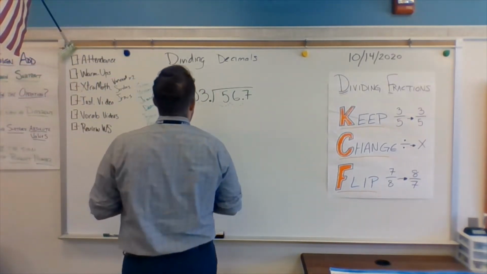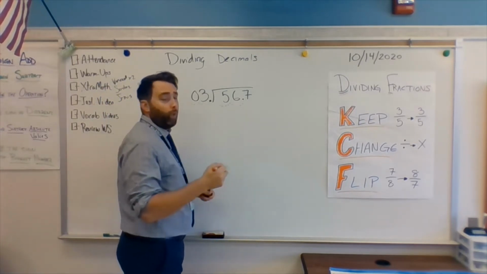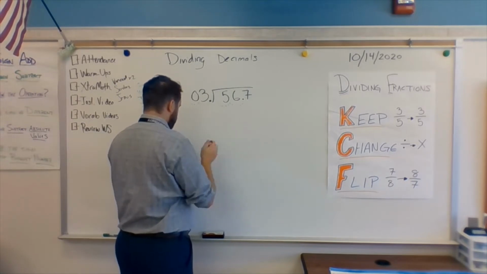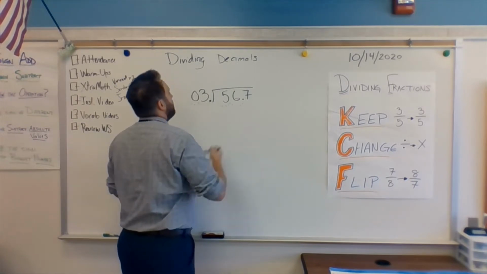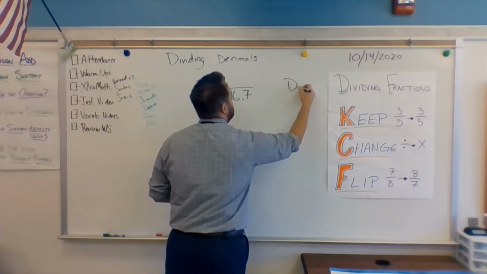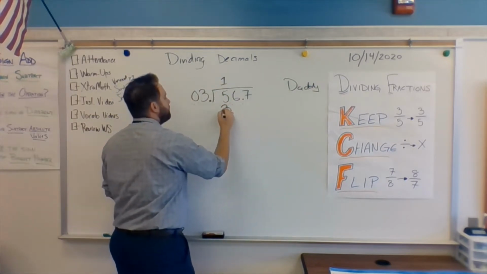Here we go. All right, so 3 goes into 5. Yes, 1 time. I want black, sorry. 1 time. That was the division part. That's the daddy. 1 times 3 is 3.